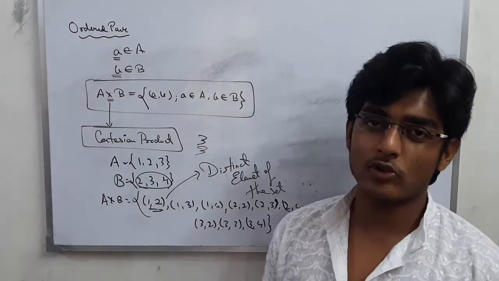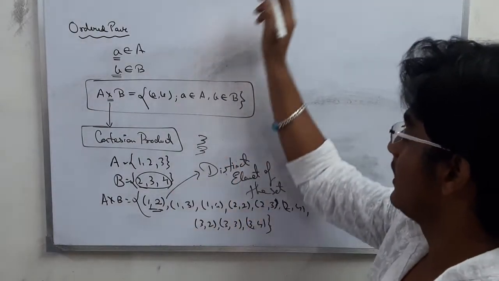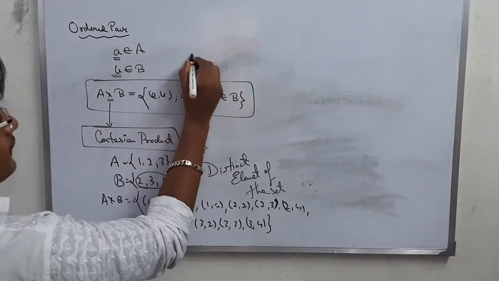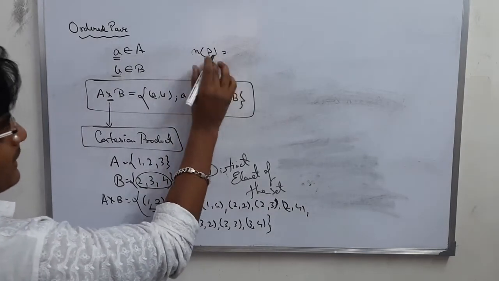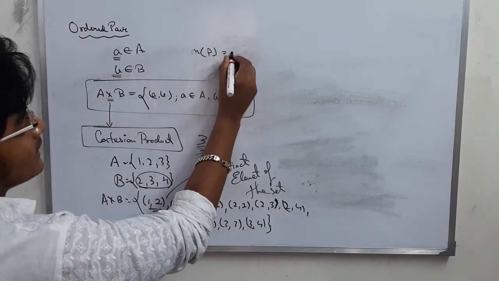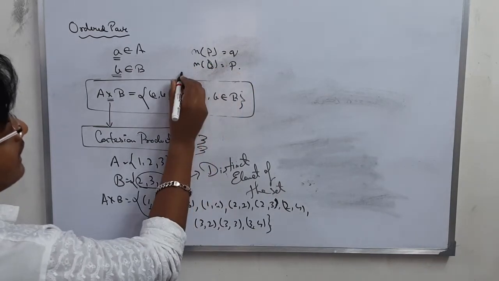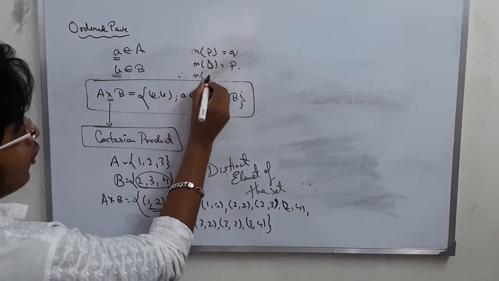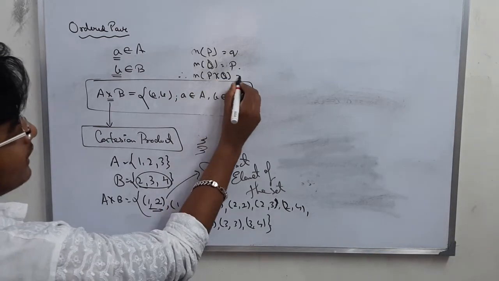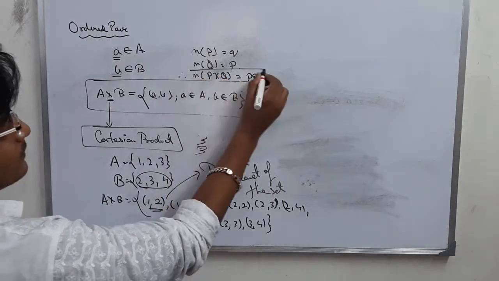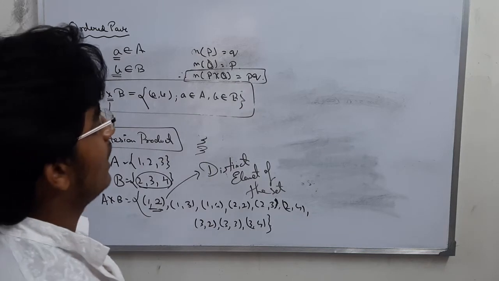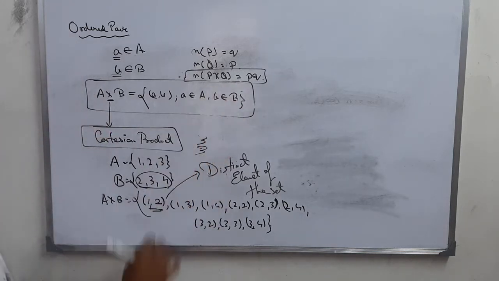This is very much observable that if n of A is P and n of B is Q, then n of A cross B is PQ. Very fine, very easy, right?